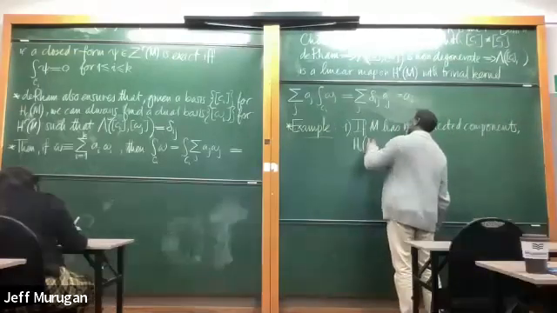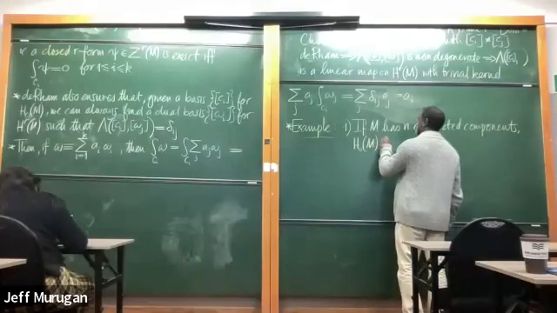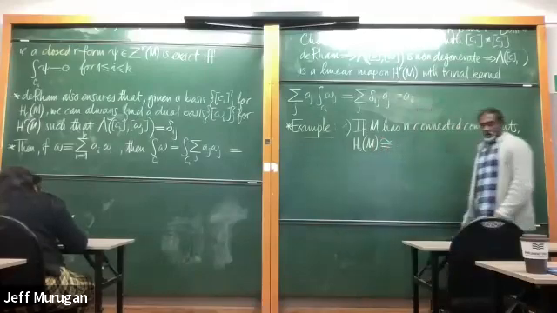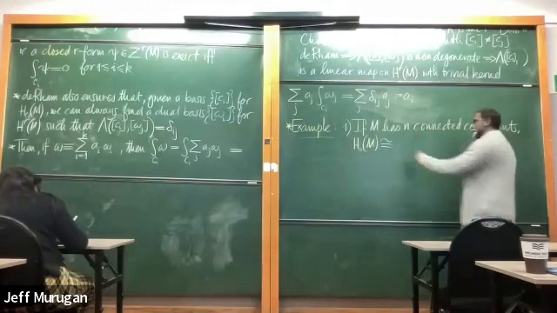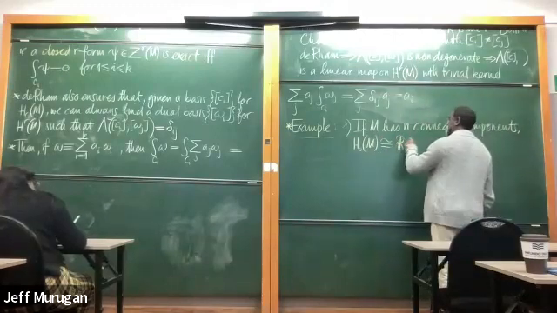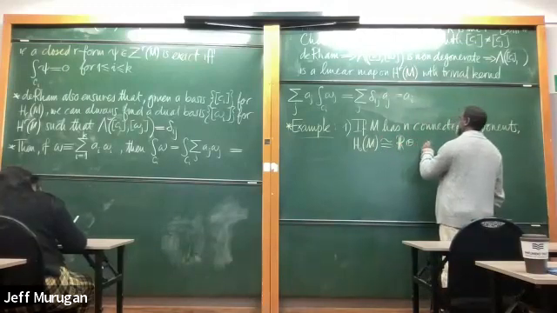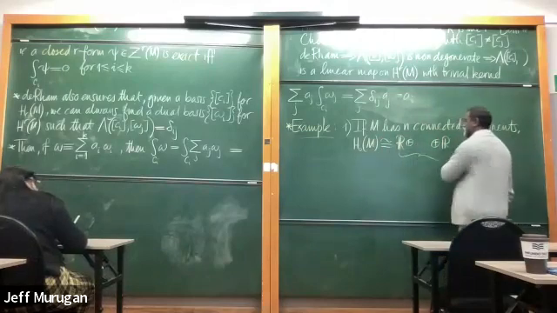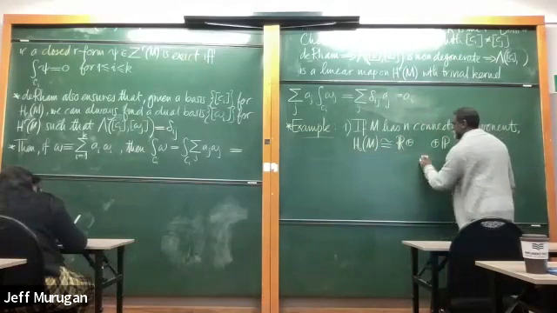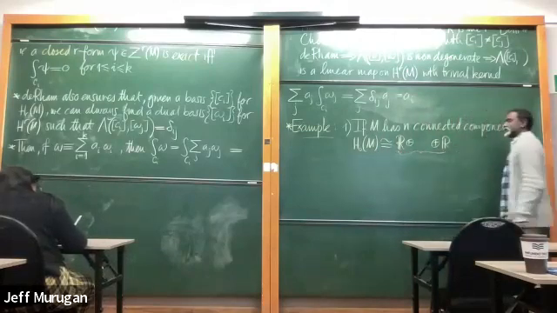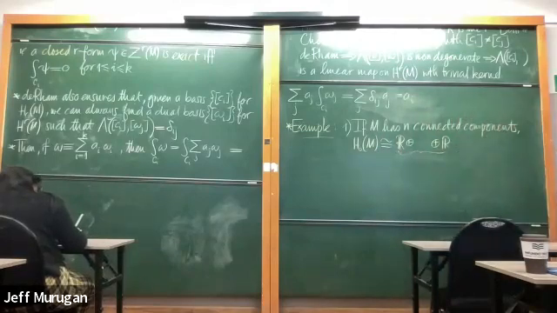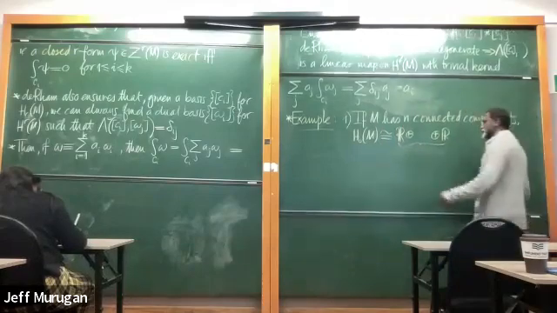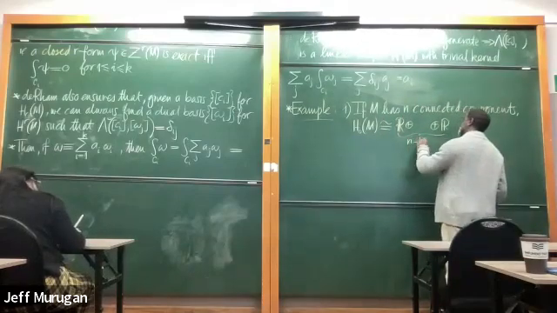H naught of M is the direct sum of n copies of R, if we take R to be the prototypical example of a real one-dimensional space.